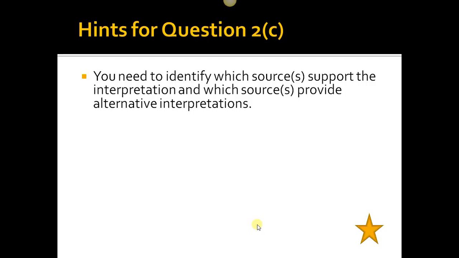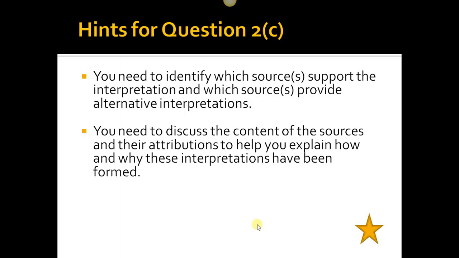Okay? You're just agreeing that, it's almost like you're matching in pairs, this one, yeah, that one is the same as an interpretation as what I've just read. That one is as well, but this one gives an alternative, a different interpretation, and it really becomes as easy as that. Okay, you need to discuss the content of the sources and their attributions. Okay, so I've done that.